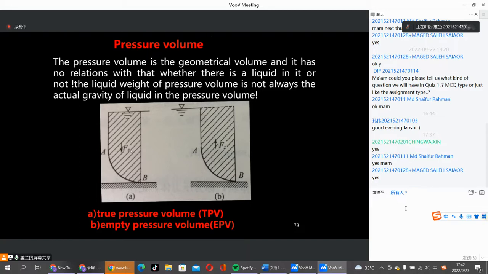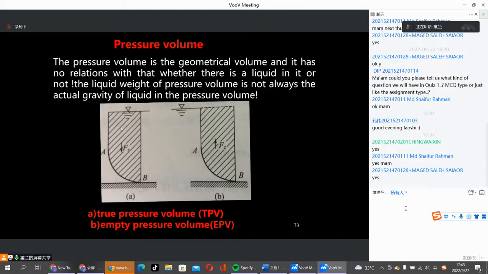The pressure volume actually is above the curve to the free surface. So the vertical force is equal to the weight of the pressure volume, mg. So it's important to find out the pressure volume.